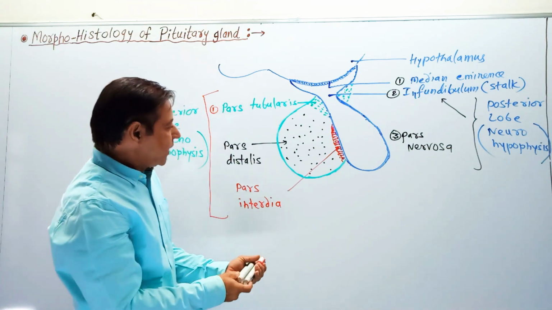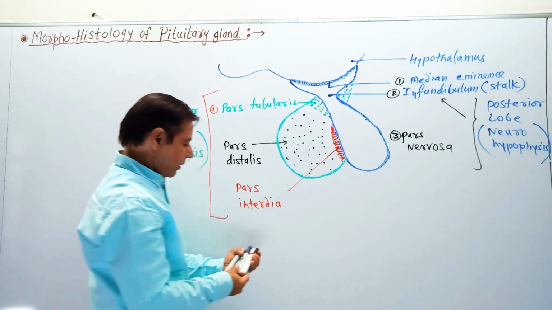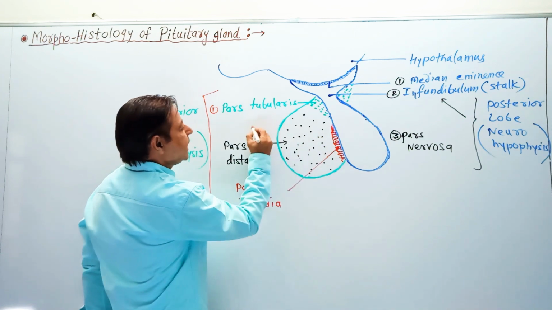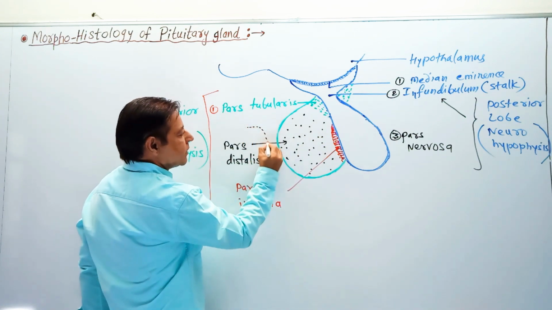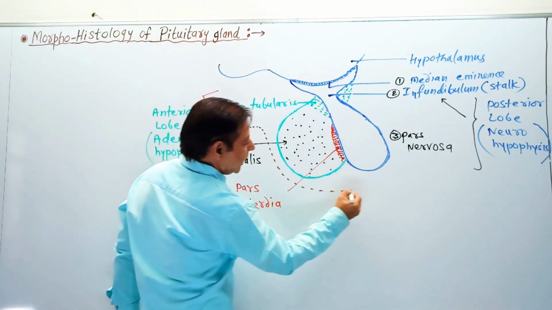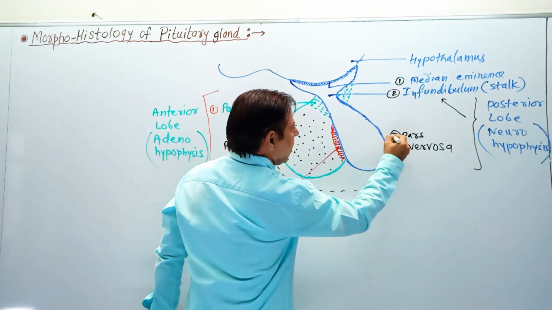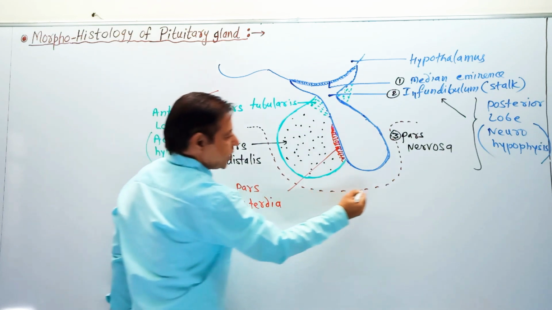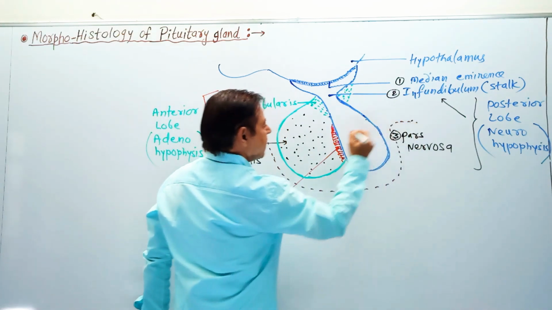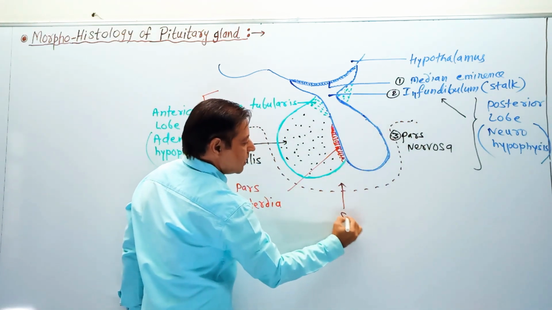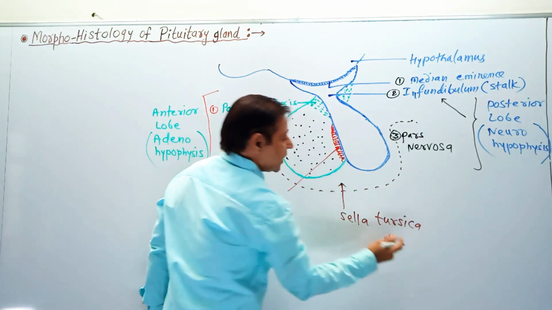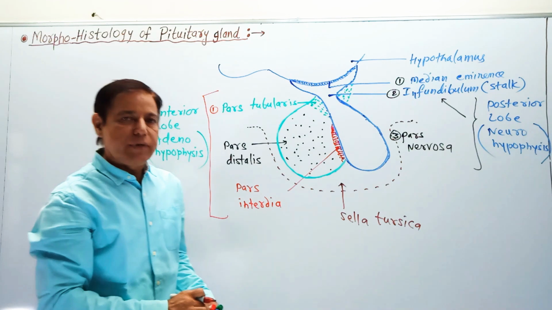Now, as we learned previously, the pituitary gland is located in a depression of the sphenoid bone. This depression of the sphenoid bone is called the sella turcica, as we learned in the previous video.